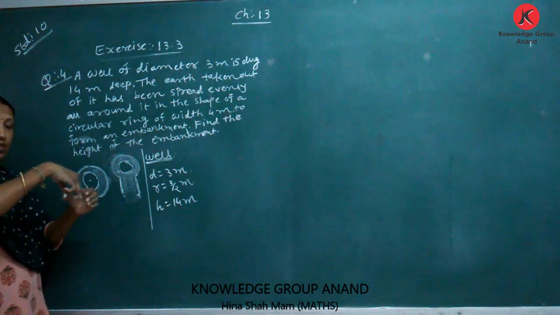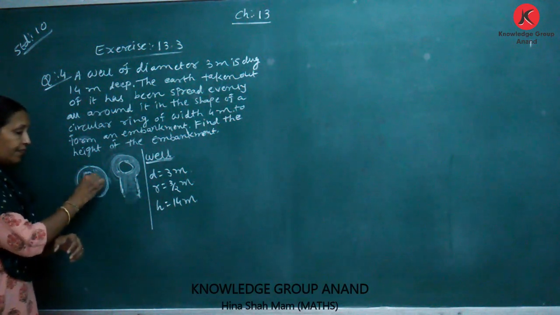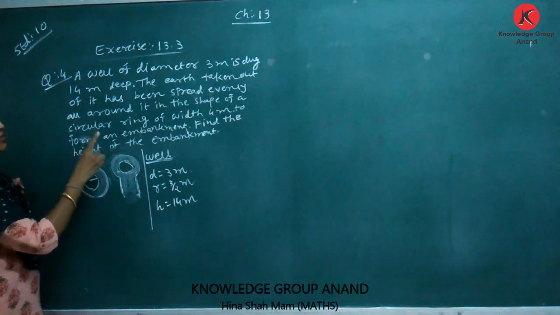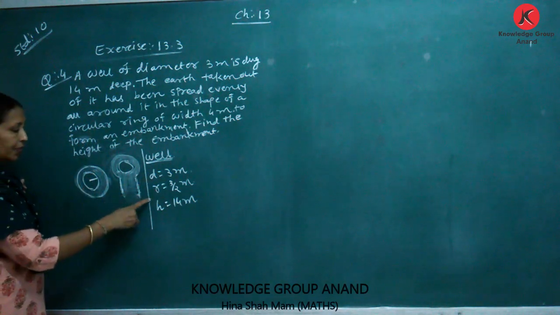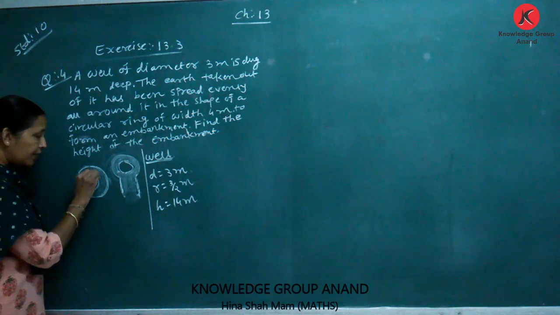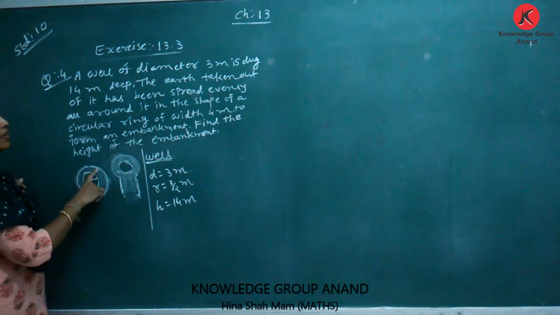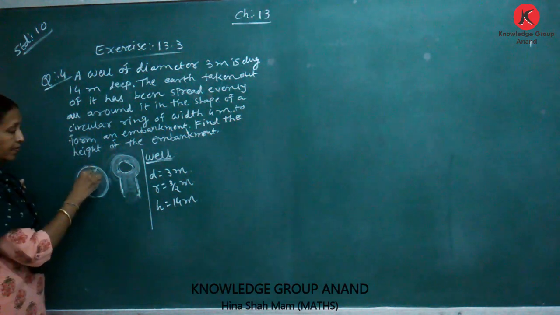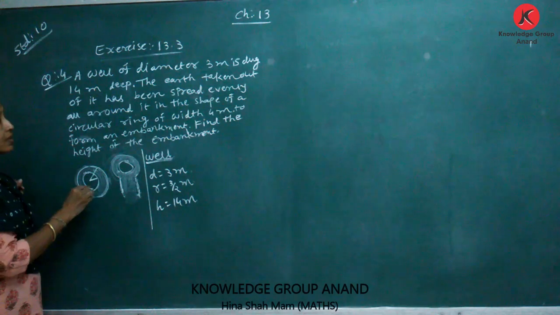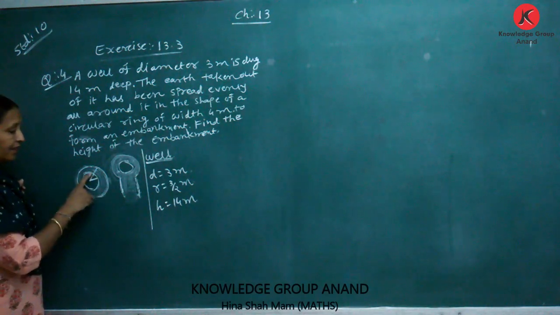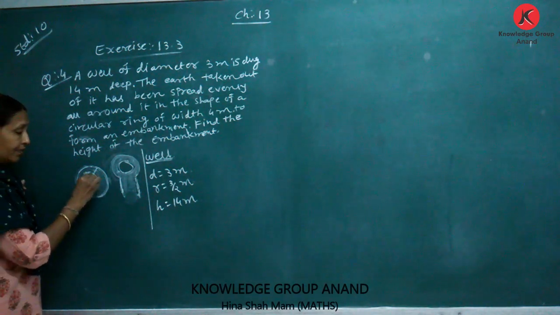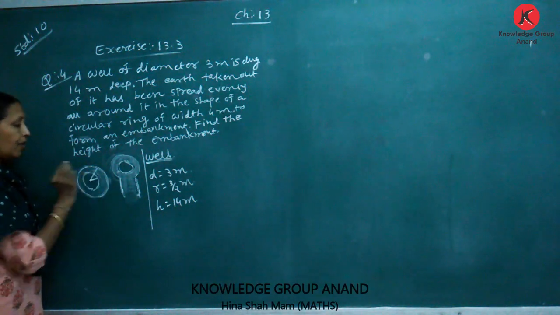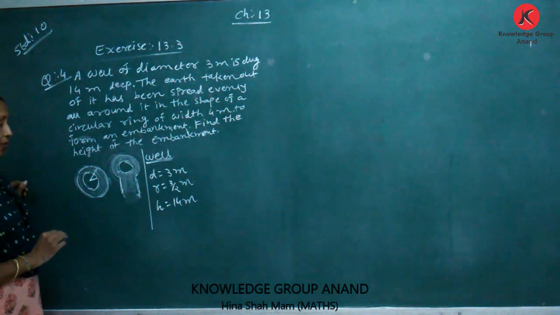Volume of the well with radius, which radius? Radius is equal to 3 by 2 meter. And the volume of the circular ring with the well, then we get the volume of the embankment.